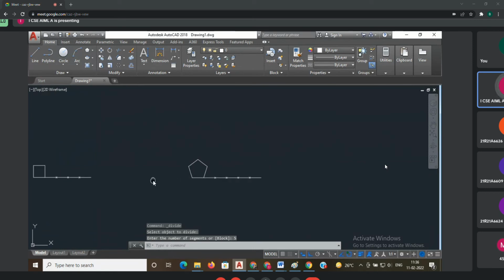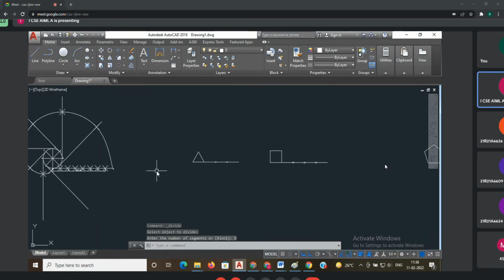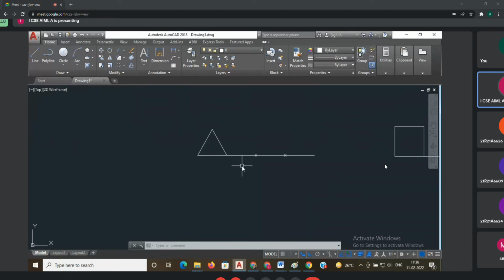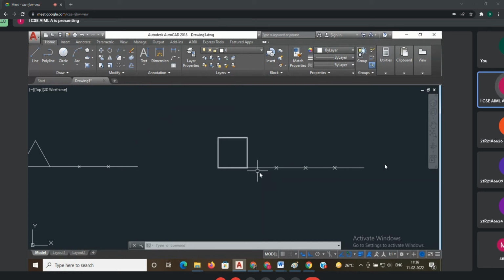Okay, done. Same procedure. In the cycloid and involute, you have taken the line PQ as 157, because it's the circumference length. But in a polygon, we have 3 sides, so 3 into that side length; 4 sides, 4 into that side length; here pentagon, 5 sides, 5 into that side length.